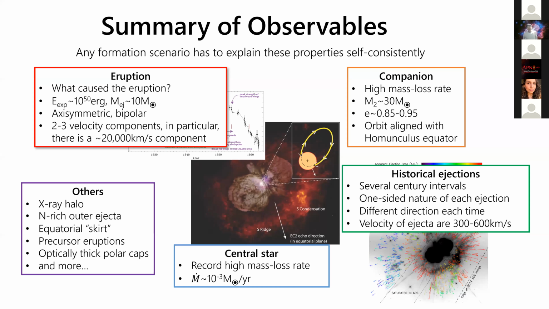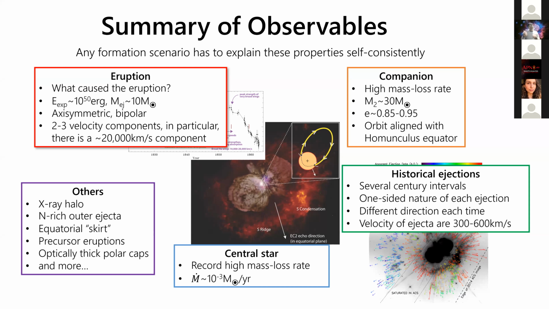Other than these main details, there are all sorts of other details known from the observations, including spectra from the great eruption light curves, and a very fast component which reaches up to 20,000 kilometers per second, which is way faster than the homunculus expansion of about 600 kilometers per second.